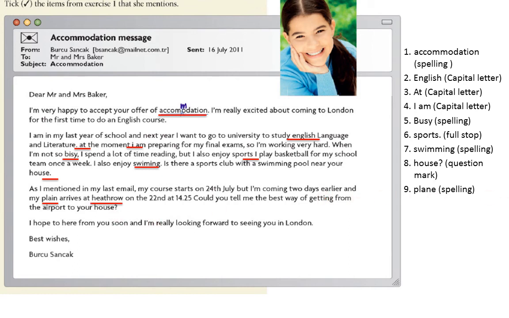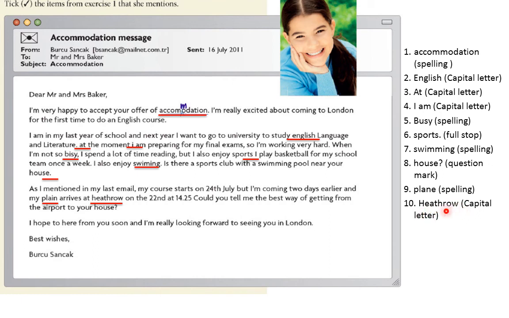The second mistake in this sentence is Heathrow. Heathrow is the name of a very famous airport in London. So it should start with a capital H, not a small h, as we are writing here.